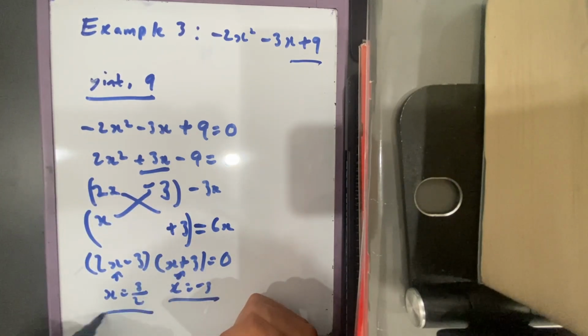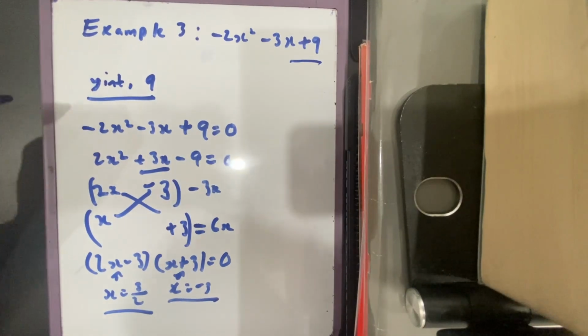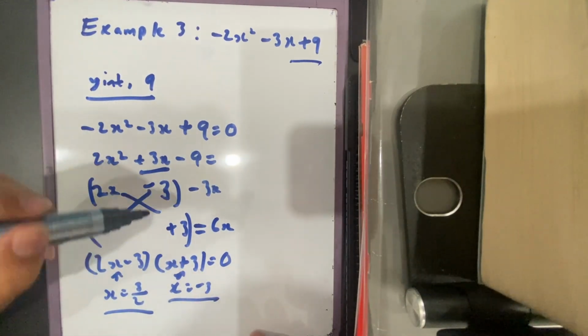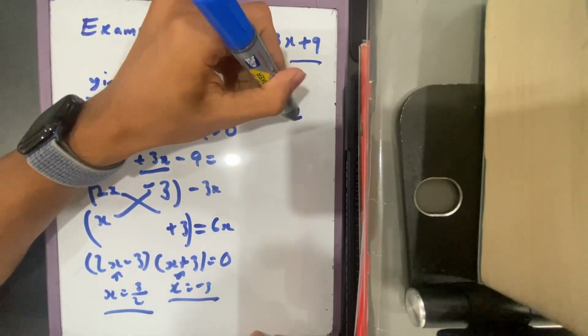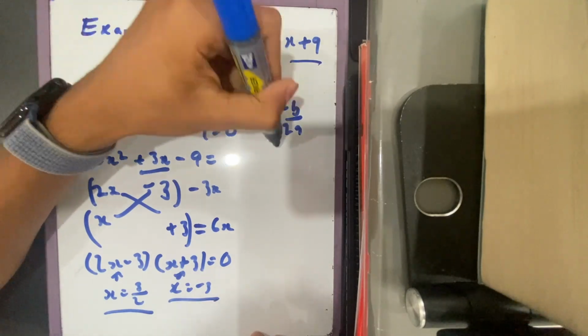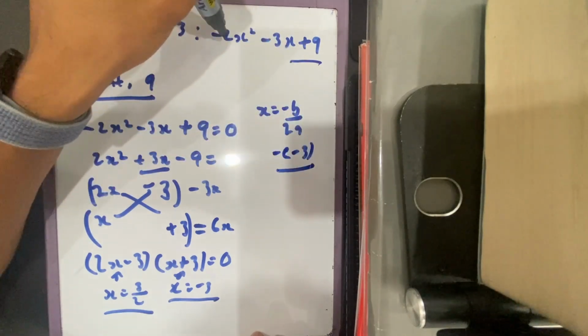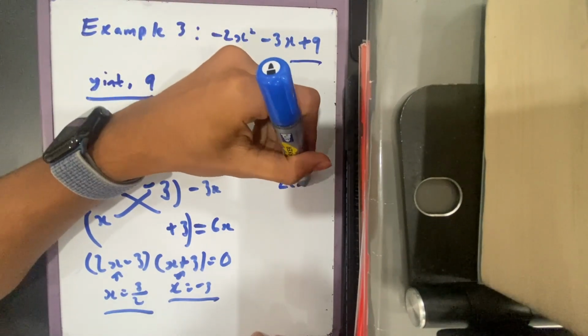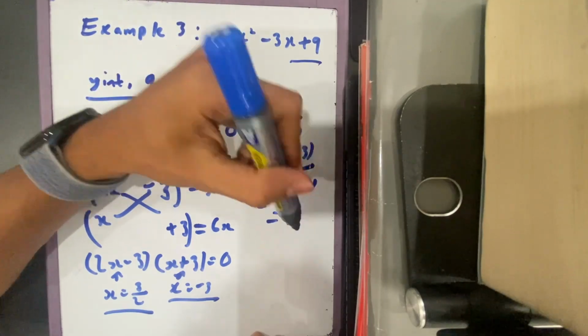We've got our x-intercepts, and now we've got our y-intercept. And all we need is our axis of symmetry, which is just x equals -b on 2a. In this case, our -b would be -3, and our a would be -2, so it would be -3 on -4, which gives us 3 on 4.